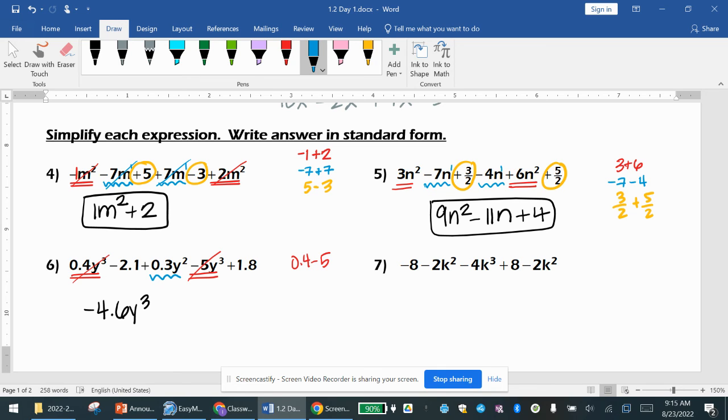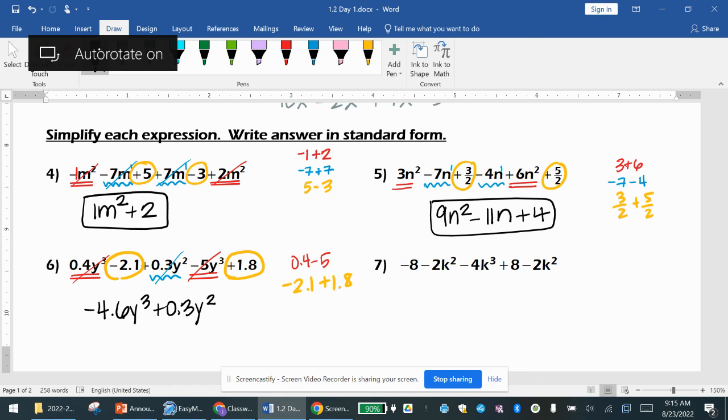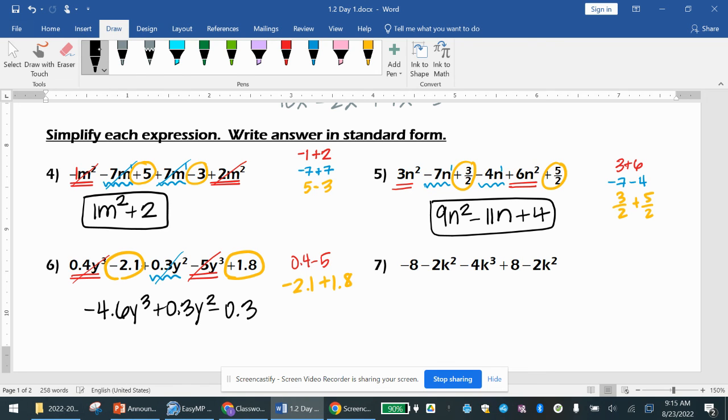Unfortunately, there's no other quadratic besides 0.3y squared, so I'm going to leave that by itself. So that's taken care of. And the constants are always going to be at the very end. So you have negative 2.1 plus 1.8. Again, if you need to borrow a calculator, no problem.